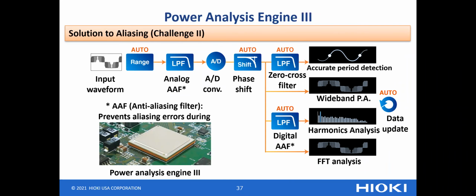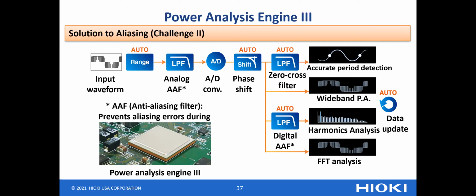And after that, 4 different processes are carried out simultaneously. 2 of them have filters. One is a zero crossing filter. This is a critical element for accurate power analysis.